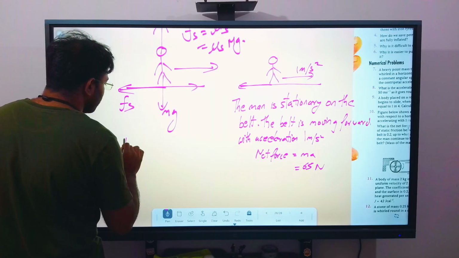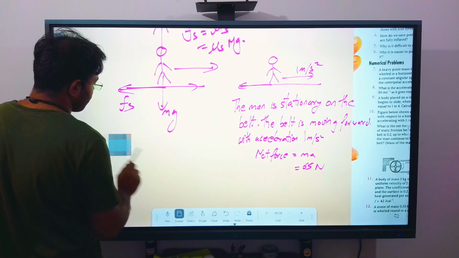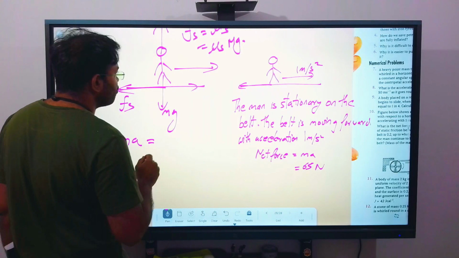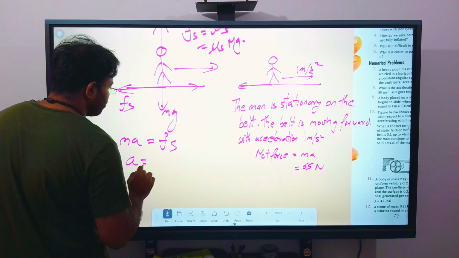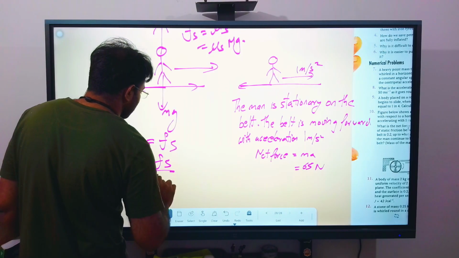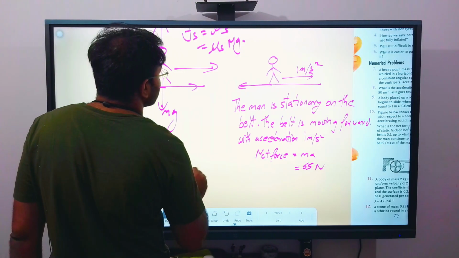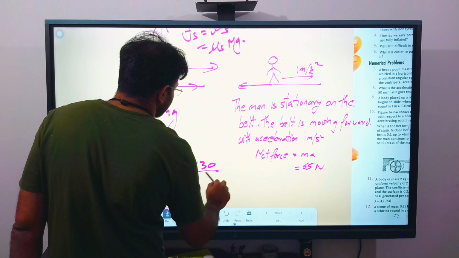So, M into A should be equal to your Fs. Acceleration should be equal to Fs upon M. So, what will we get? 130 upon 65.